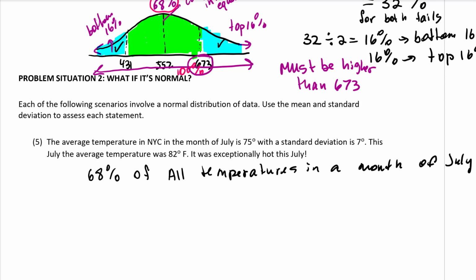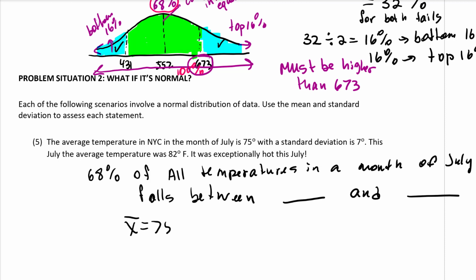So 68% of all temperatures in the month of July fall between, and then I'm going to ask you to give me the two numbers based on the fact that the average is 75 degrees and the standard deviation is 7. So can you go ahead and fill out those two temperatures? I'll give you a moment.